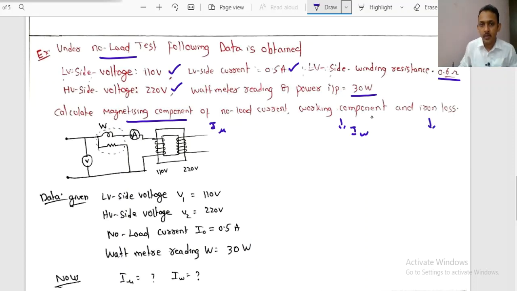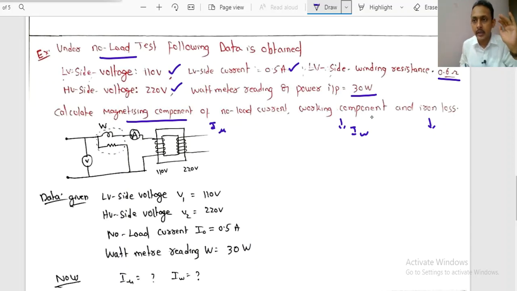Dear students, a number of times while discussing the problems I am repeating the same points. Whatever the data is given, please represent the data with the help of proper variables. Once you identify the proper variable for the given data, almost 50% of the problem is completed.